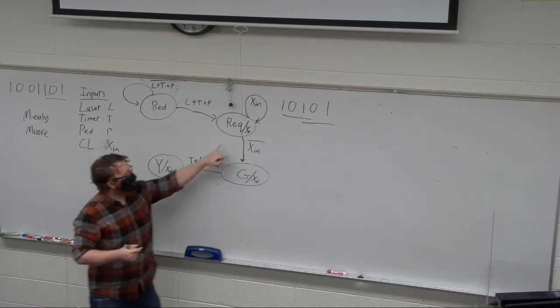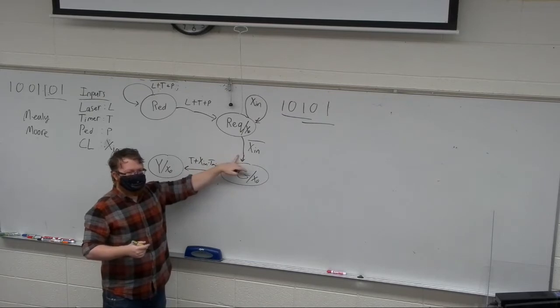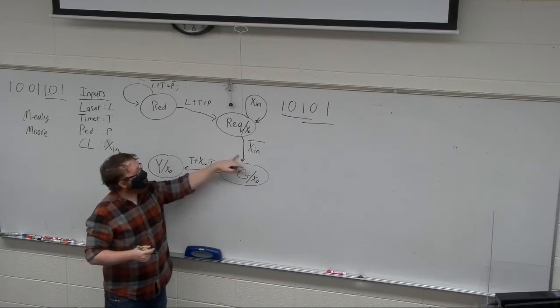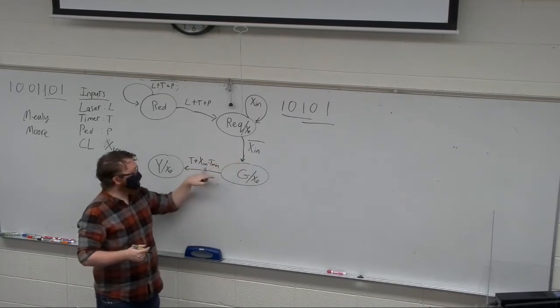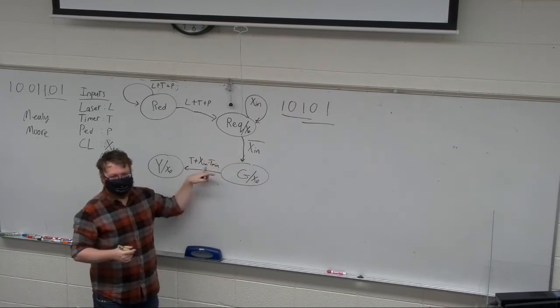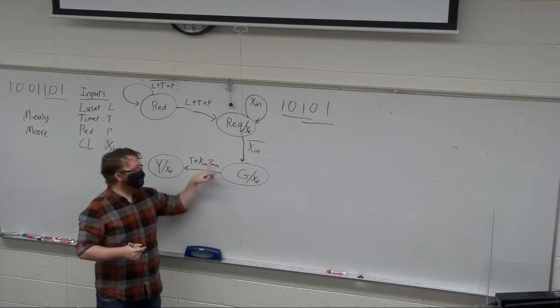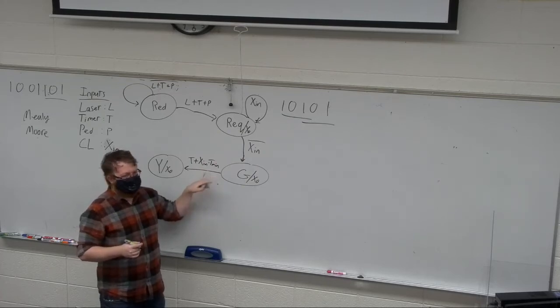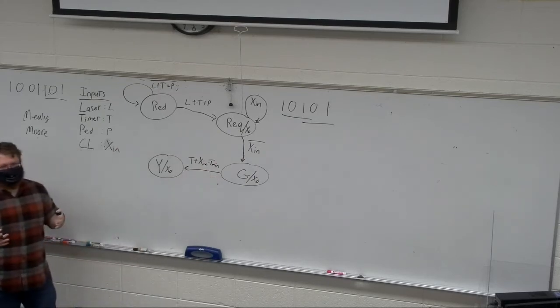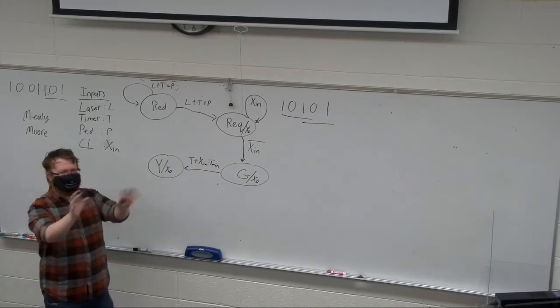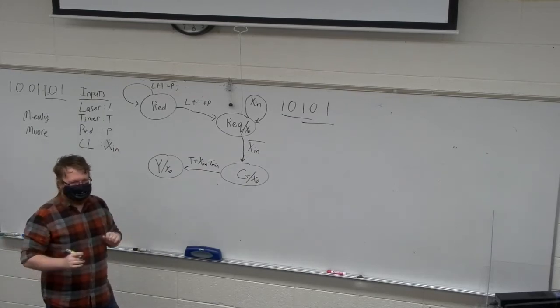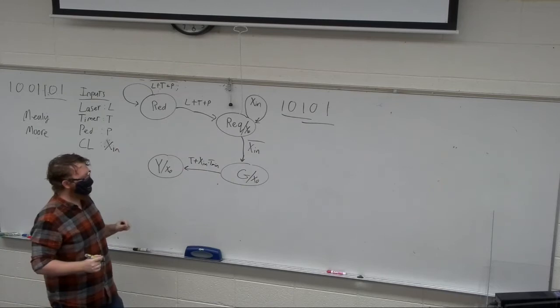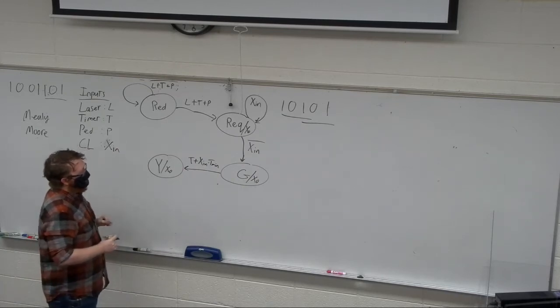So here I've treated X in as is busy, and here I've treated it as requesting it to not be busy. But I can overload that operator just fine because they're never used for the same thing at the same time. So overloading that one is completely okay. If this were an exam and you created an extra variable for that, it wouldn't be wrong. It would be fine. But we can reuse this one, and I think that's okay.